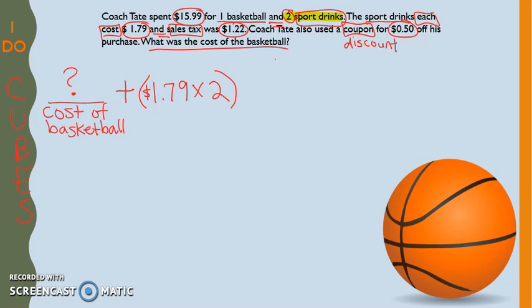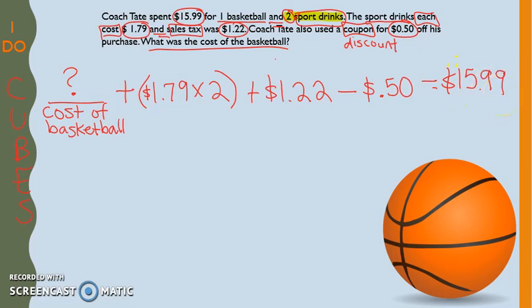Then we are going to add $1.22 because we have the sales tax that we need to figure in. And we are going to then subtract the coupon, because when we are using a coupon, we are getting a discount of 50 cents. And all of this will equal $15.99 total.